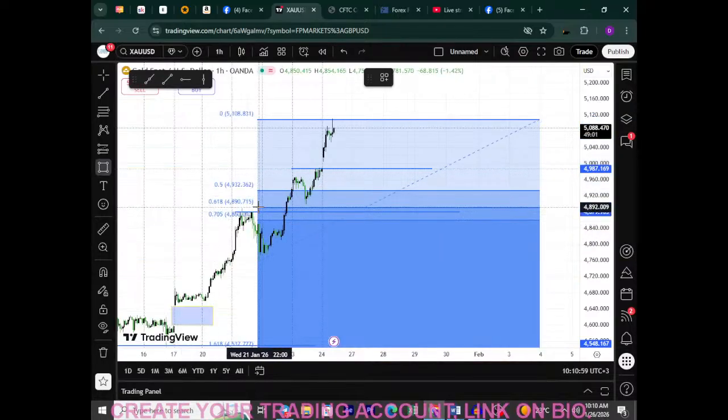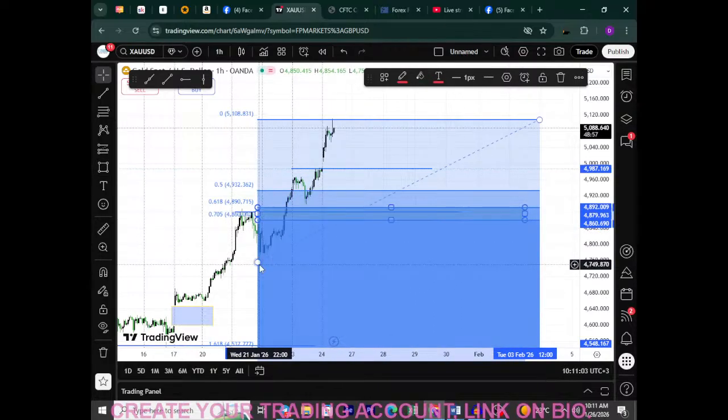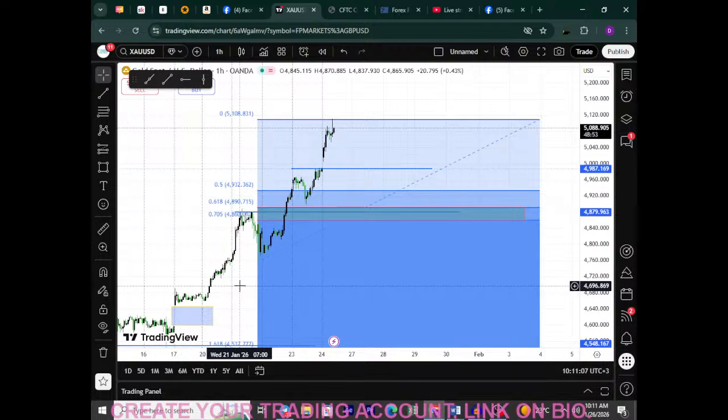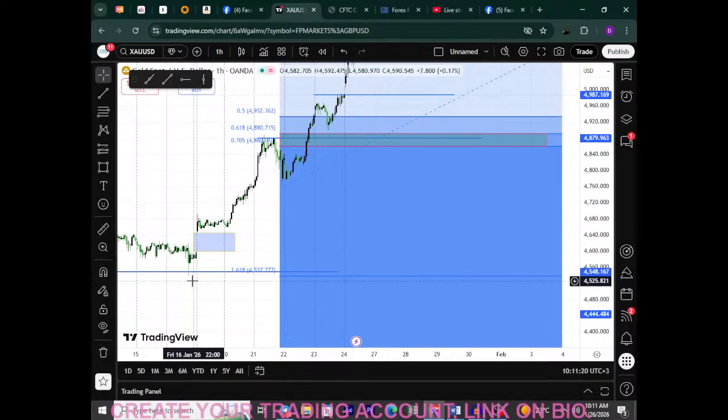We shall mark this level. And why have we taken this level to this level? Because it is a significant low, and this is also a significant high. We cannot take this level because it is okay.